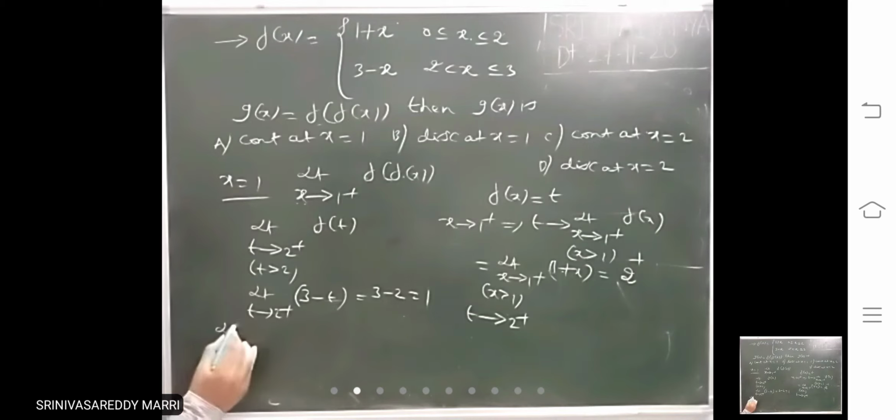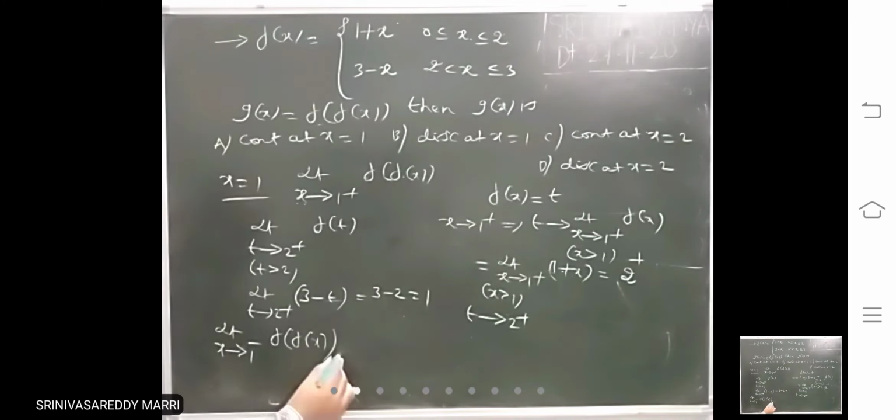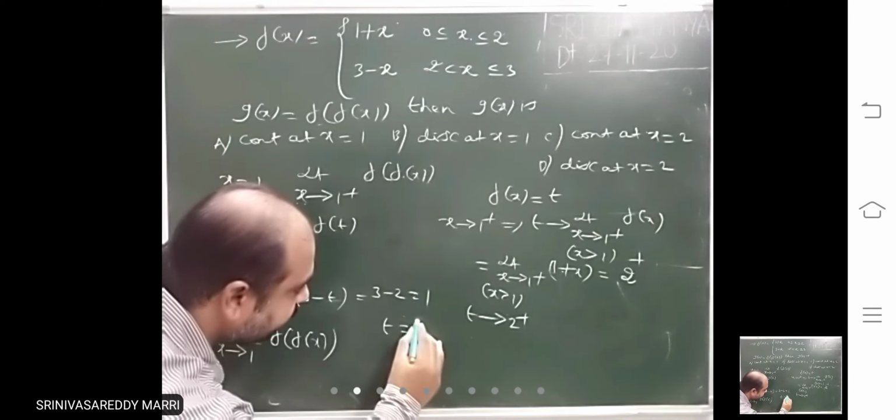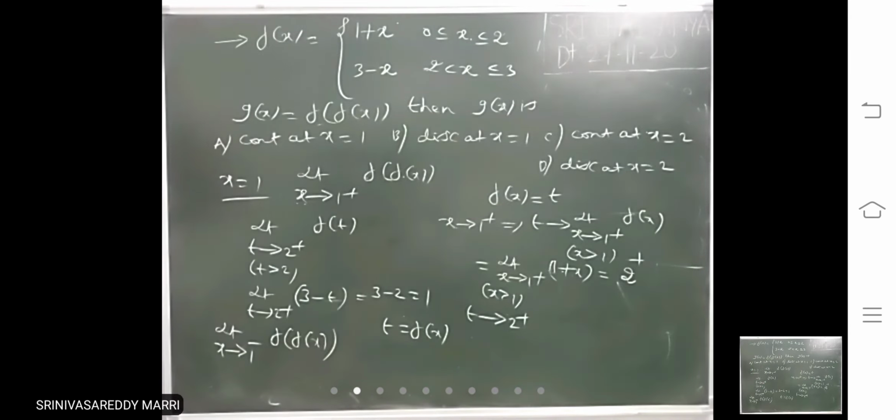Similarly, I am calculating the limit as x tends to 1 minus of f of x. Again I am taking t equal to f of x.